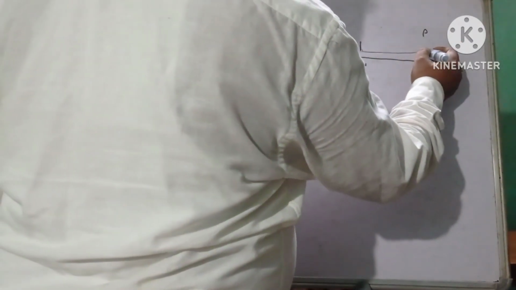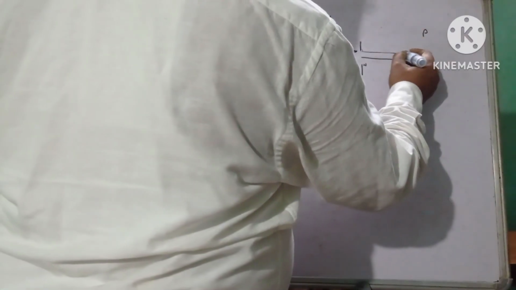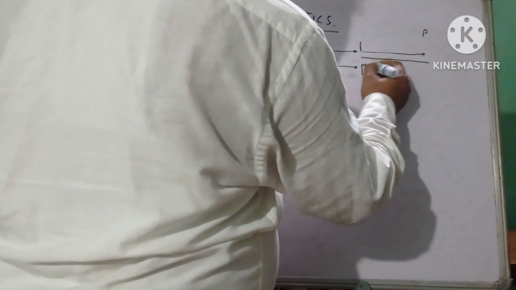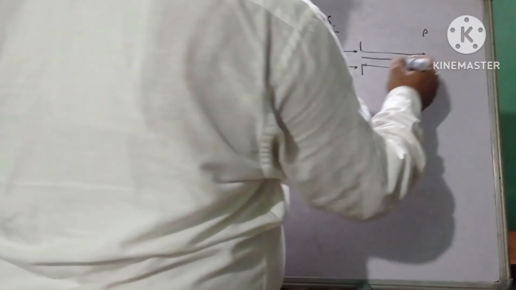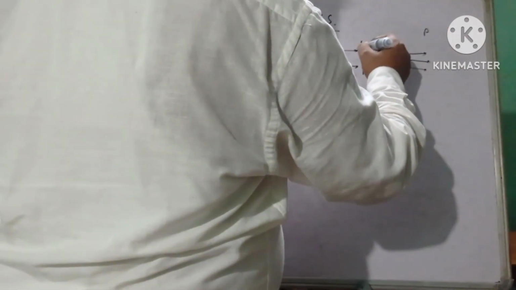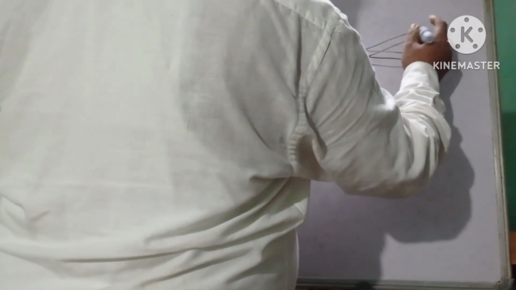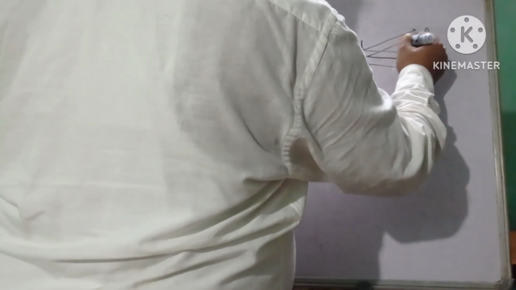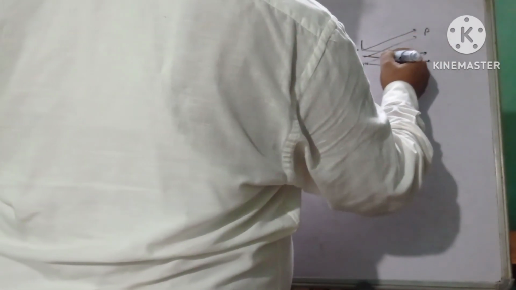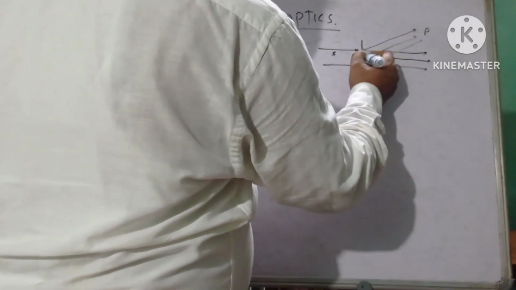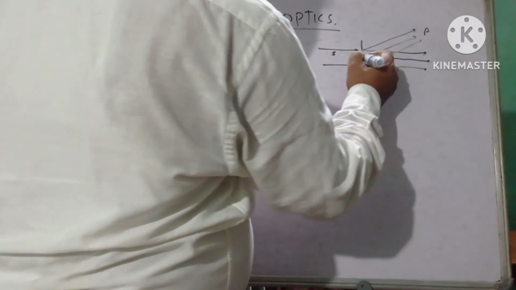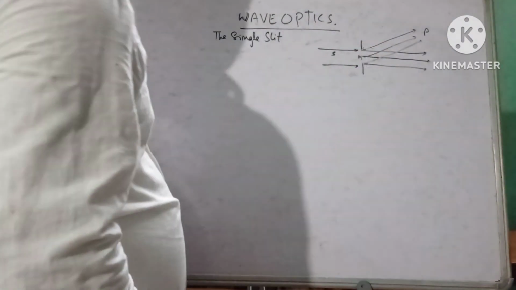Here is a straight line, rays of light. Let us take this as M. This is L, this is N, single slit.